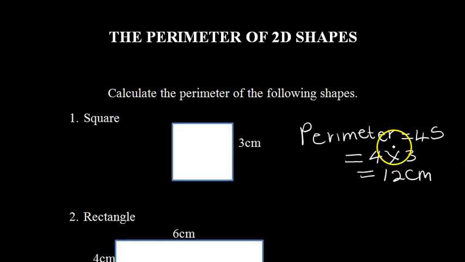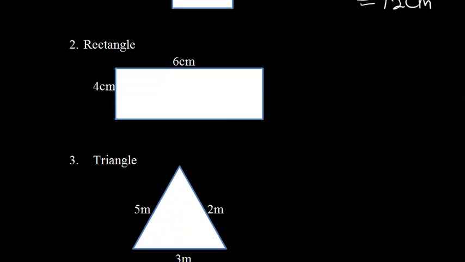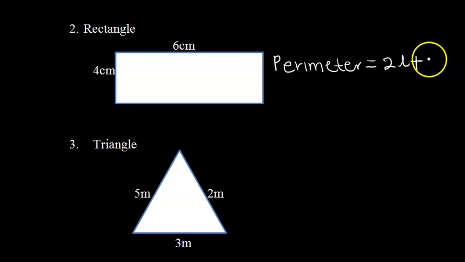Right, now let us move to the next shape, which is a rectangle. The perimeter of a rectangle says perimeter is equal to 2 length plus 2 breadth.